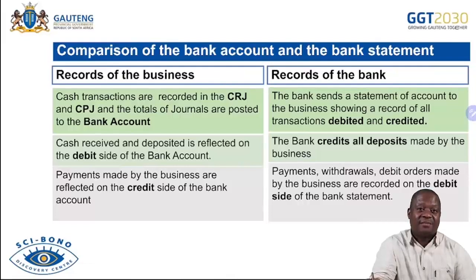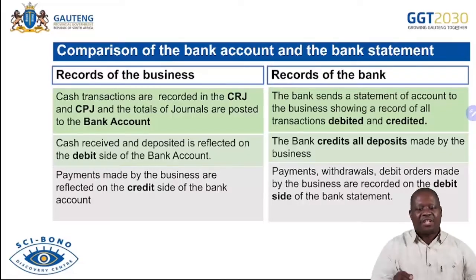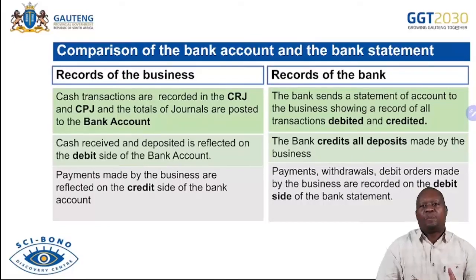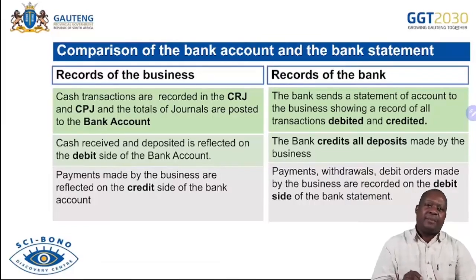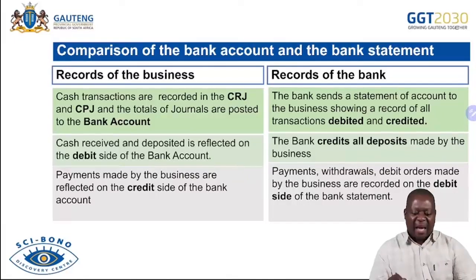Are we okay with that? Cash received, recorded in the CRJ, transferred to the bank account, and it occupies the debit side of our bank account.